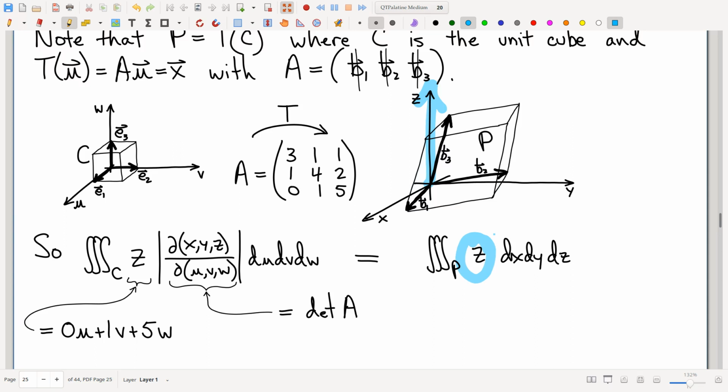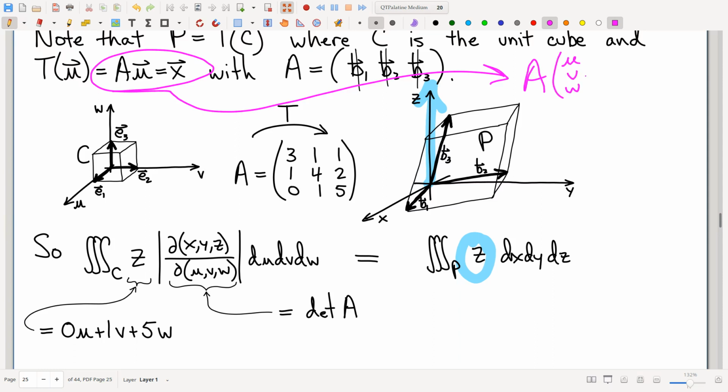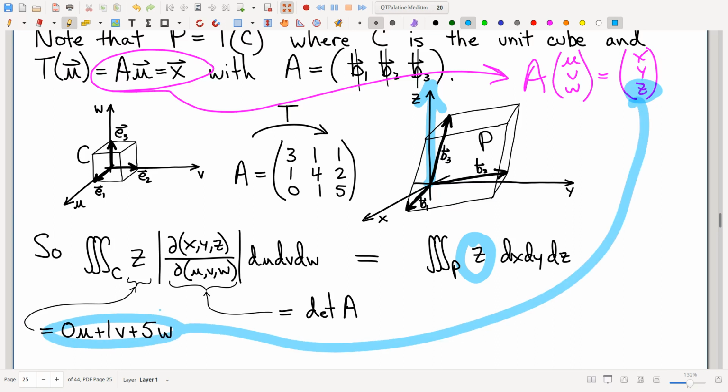And just to be explicit, this formula right here says that the matrix A times uvw is xyz, and so the z that I'm looking for is just the third output coordinate. So multiply, look at the third coordinate, and you're going to find that it is this right here. Everybody happy?